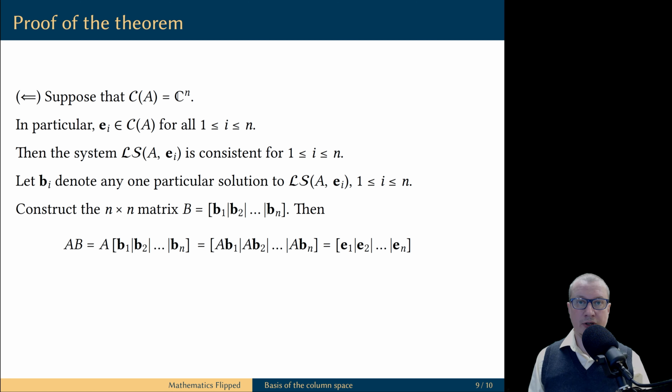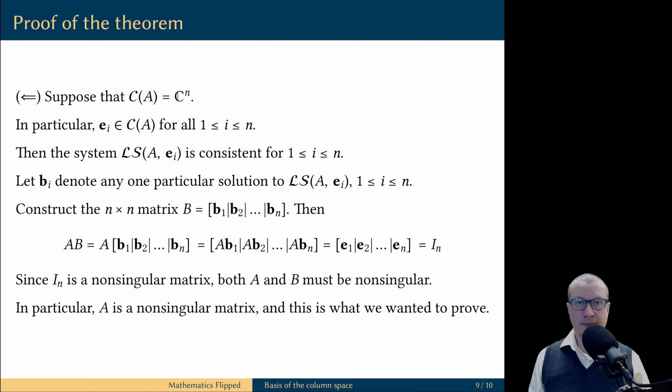Therefore, the coefficient matrix A multiplied by the solution vector bi is equal to the vector of constants ei. So, the columns of the product matrix are in fact standard unit vectors. Well, now you see that this matrix is simply the identity matrix. And this computation tells us that the matrix product AB is equal to the identity matrix.